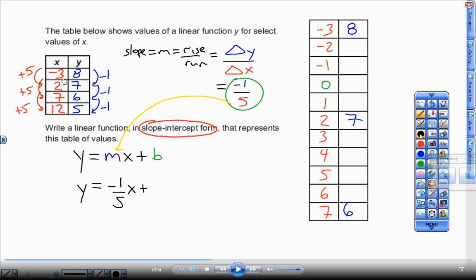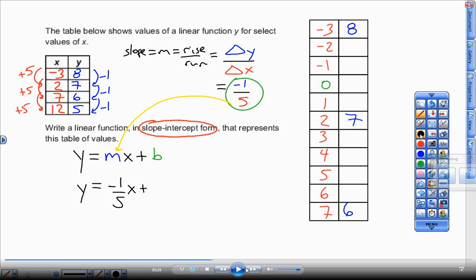And then I'm going to try to show you how to find this b term by expanding on this table here, because between here and -3, between this 2 and 7 going down, I want you to see what's going on in these little spaces that are not being shown.